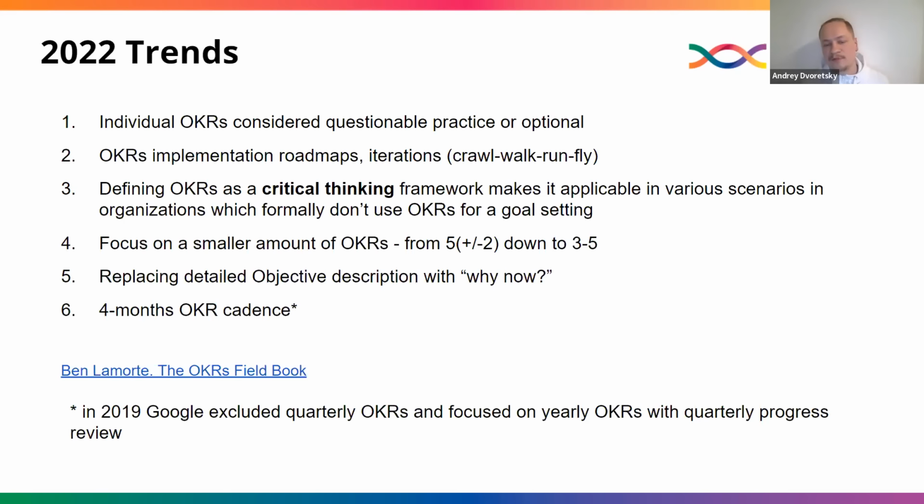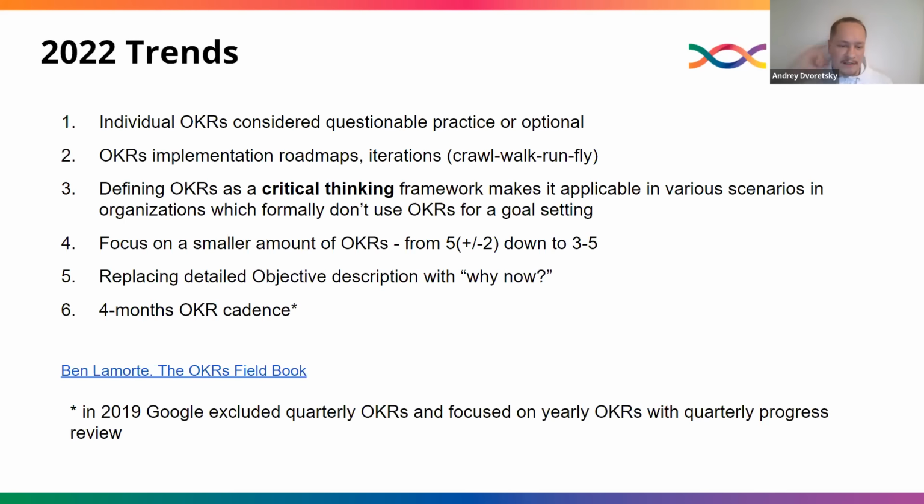And if in previous years we talked about 5 ± 2 objectives for any particular level, now we tend to talk about 3 being enough, 5 being the maximum, 3 to 5 objectives and key results per cadence for a team. Also, to make it more lightweight, we're replacing the detailed objective description with just a why-now question and the answer to this question more and more often.